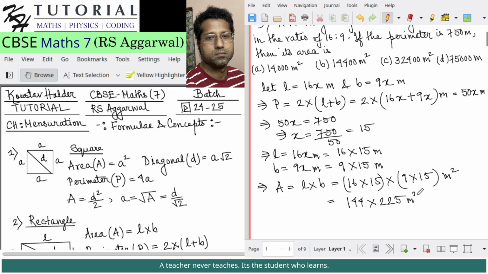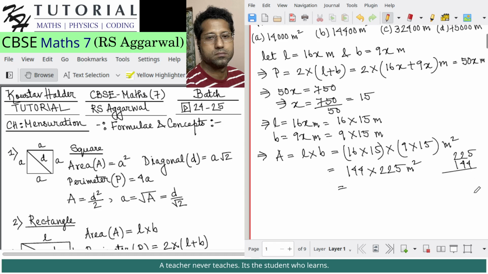So this much meter square, and this is equal to 225 multiplied by 144, which is 32400.